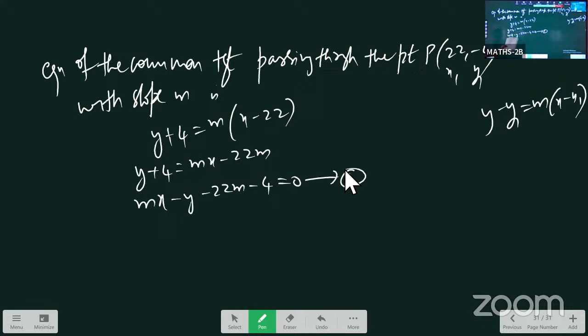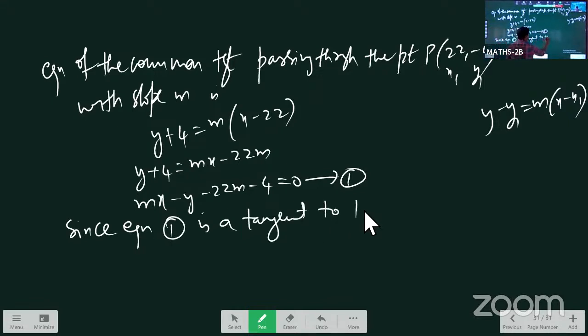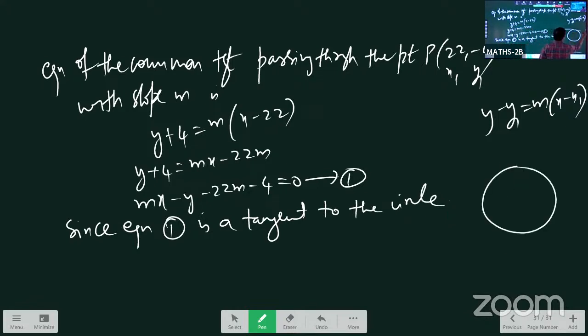But since equation 1 is a tangent to the circle, tangent to the circle means your radius r is nothing but the perpendicular distance from the center to the line, correct? Whenever it is a tangent to the circle, radius r is equal to d.